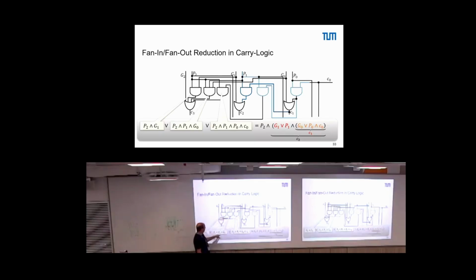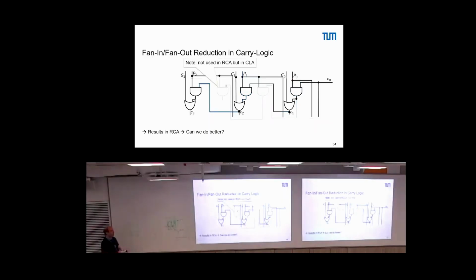This here is P2, P1, G0. This here is P2, P1, P0, C0. We can transform this. It gives this equation, once depending on C1. If I take this equation, that's just C2. So we have P2 and C2. So we can replace all of this by P2 and C2, right?